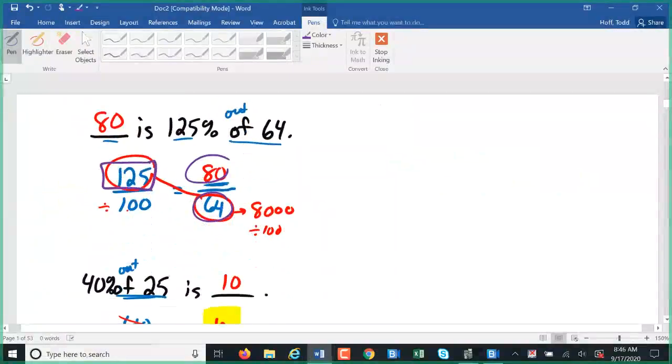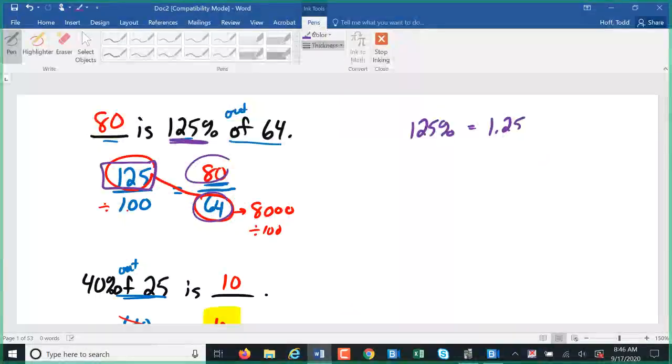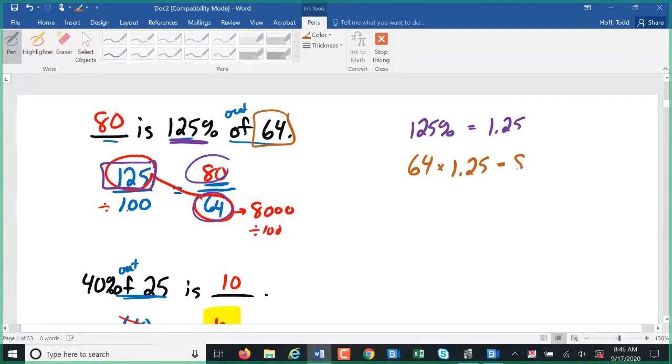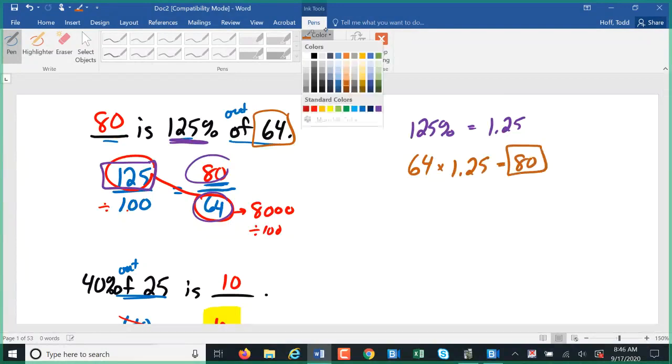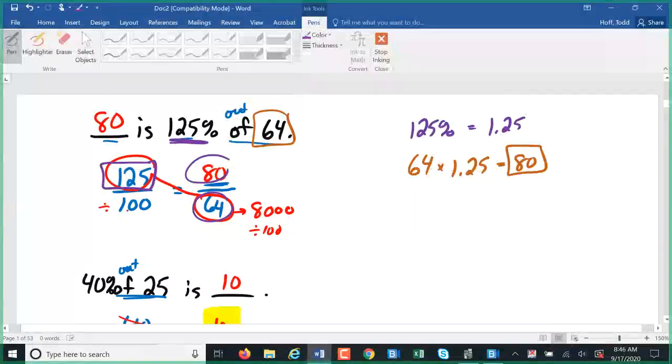This one has a percent of 125%, so we convert 125% into a rate of 1.25. Once again, we have the base amount of 64, so it's 64 times 1.25, which is 80. Again, that seemed pretty quick and simple.